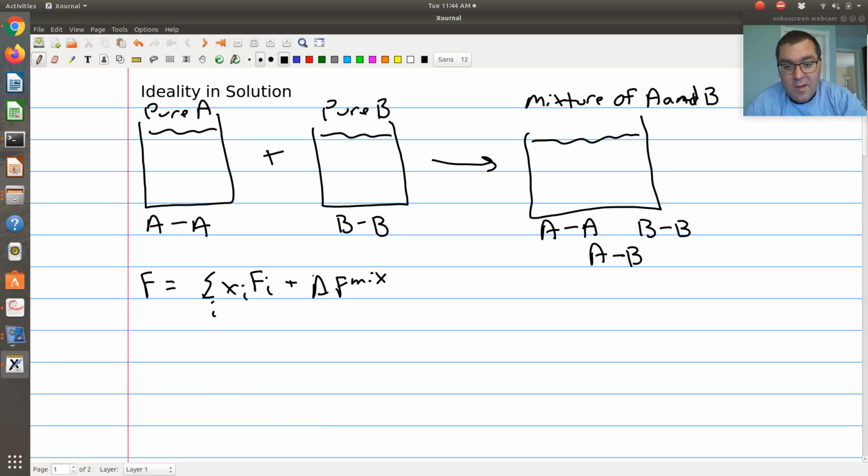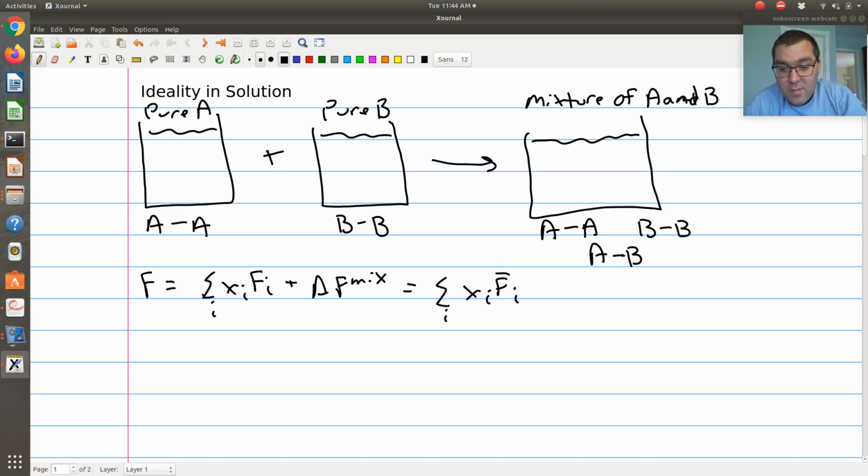Actually, f I could equivalently write as the sum over i of x_i f-bar_i. So f is the molar average of the pure component molar f's of the systems I'm mixing together, plus delta f of mixing, or equivalently, it's a molar average of the partial molar f's in that final mixture, with partial molar f being the effective f for component i in that mixture.